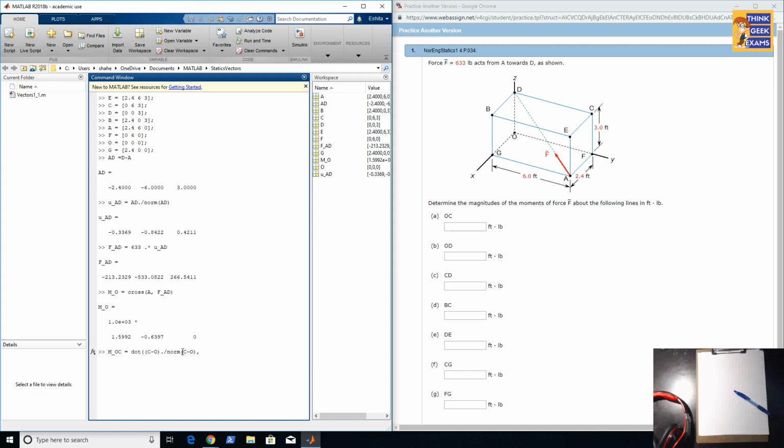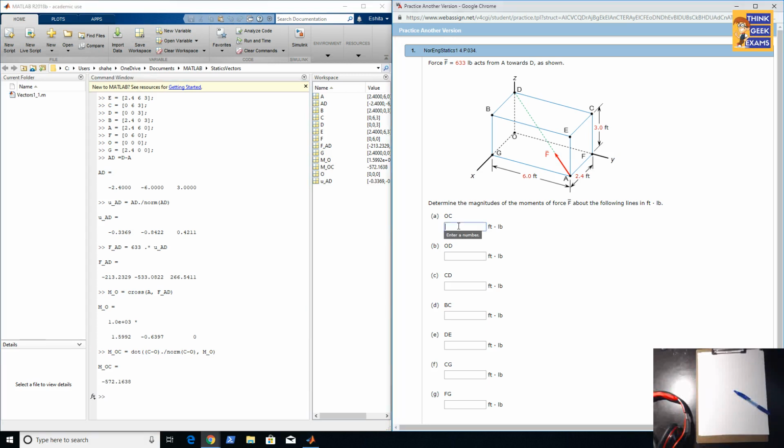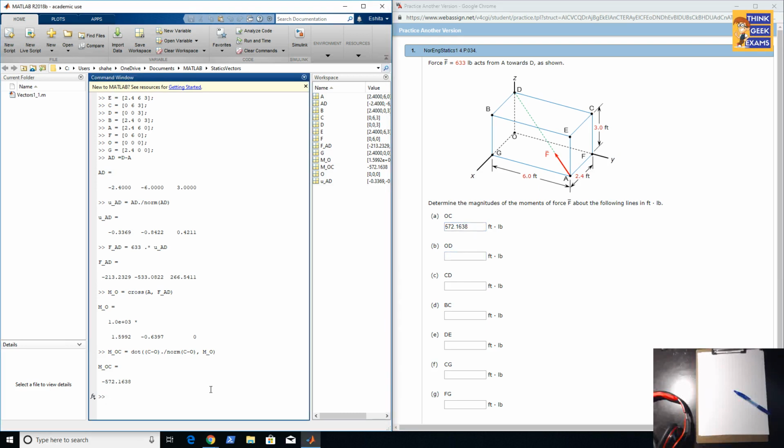The second part of the dot product is M O. And let's see what that number is. It is minus 572. So we are looking for the magnitude, so we need 572.1638. Oh, that is in foot pounds because we haven't changed any.